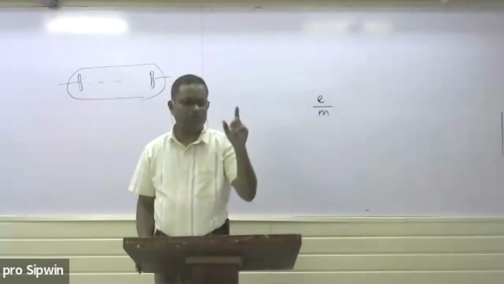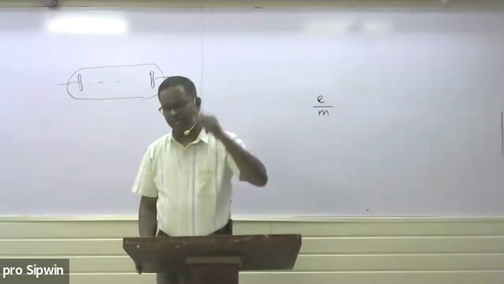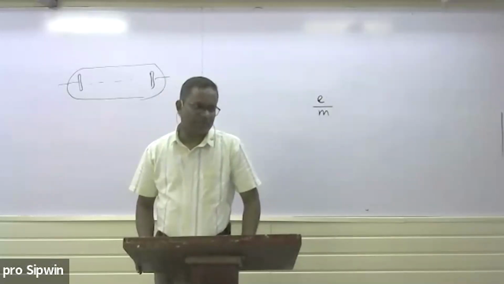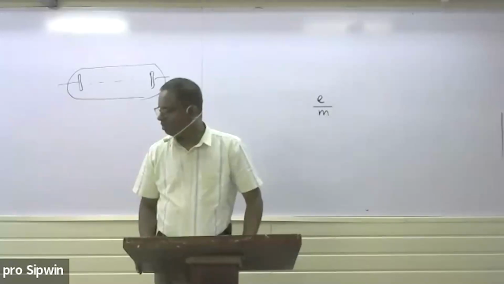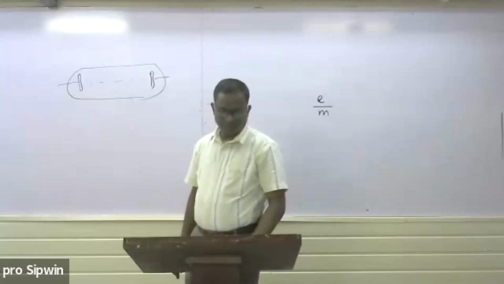Thomson determined the e/m value. Later, Millikan determined e. Using those two, we are able to determine the mass of an electron. It's an extremely small value.